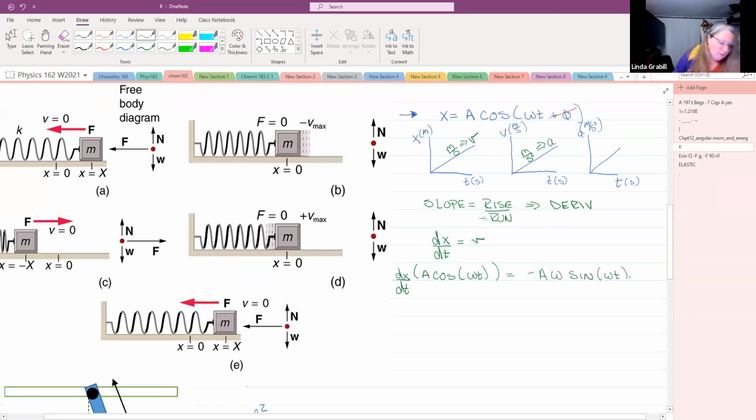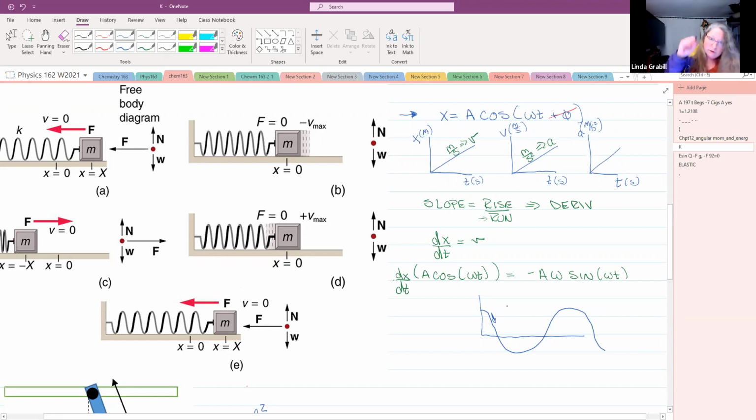Now, for those of you that didn't instantly remember, and some of us still to this day have to do this to remember which one is positive and which is negative: remember, the derivative is giving us the slope. A cosine function starts off at 1, so the slope of the line is negative.